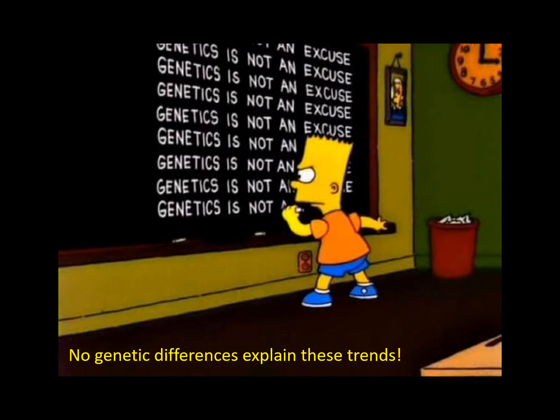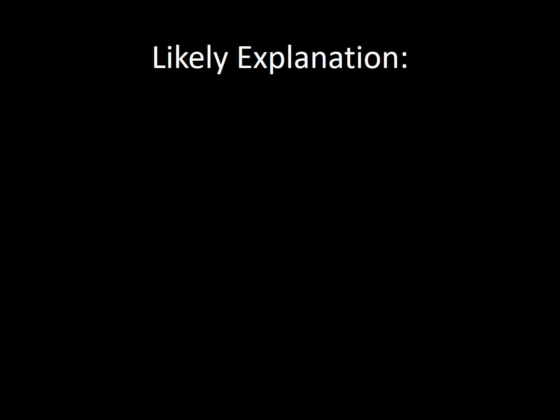There's no biological difference to explain these trends. It is social discrimination that explains these trends. In the absence of a biological explanation, we are forced to see the reality that the likely explanation is chronic stress related to racism.